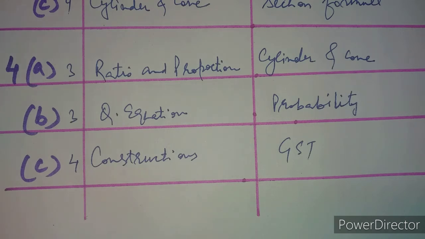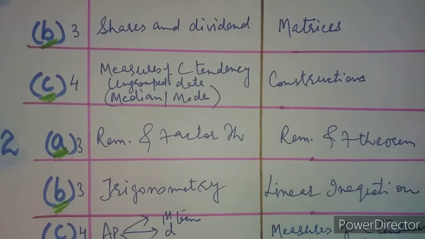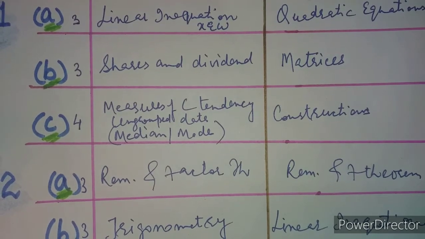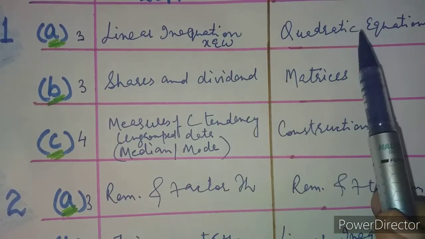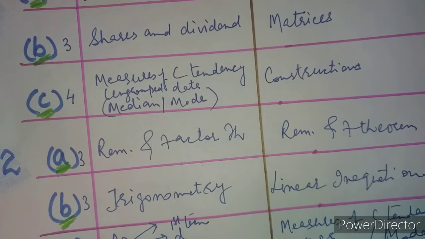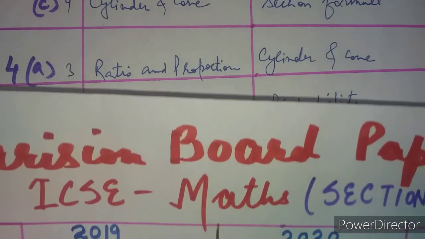So students, by comparing these questions for section A for both the years, what kind of result do we draw from here? First of all, I want to make you very sure that chapters like linear inequation, quadratic equation, matrices, remainder and factor theorem, or AP are sure chapters.